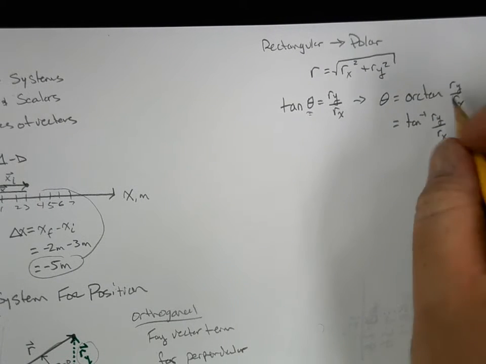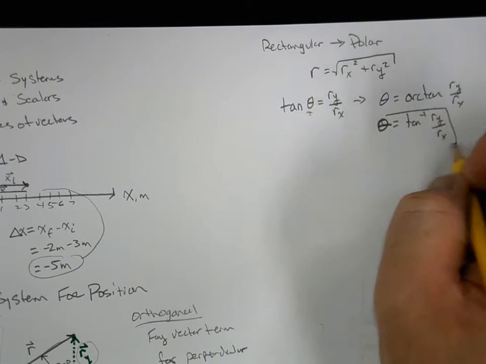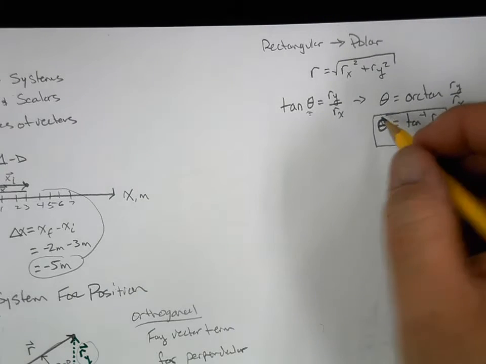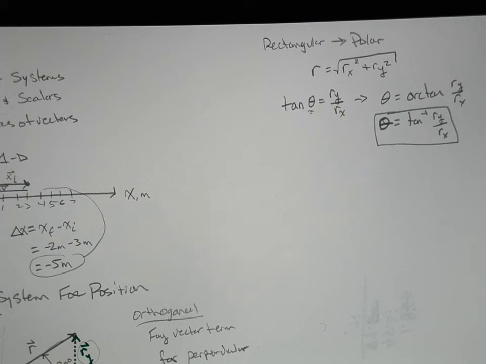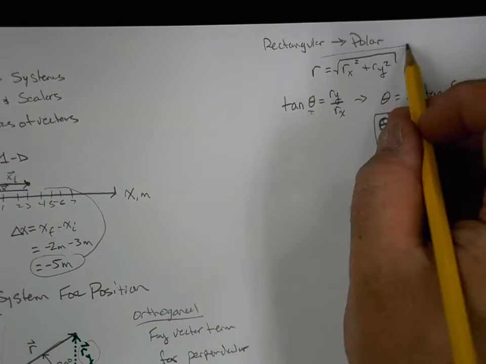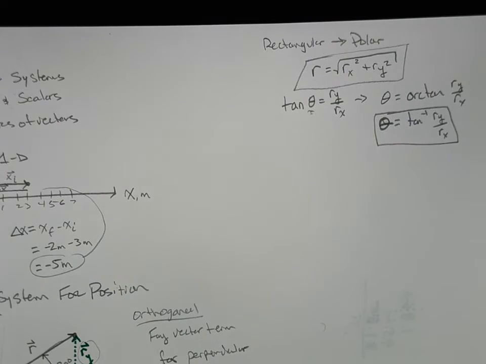So we have these two ways of getting our polar coordinates from our rectangular coordinates.